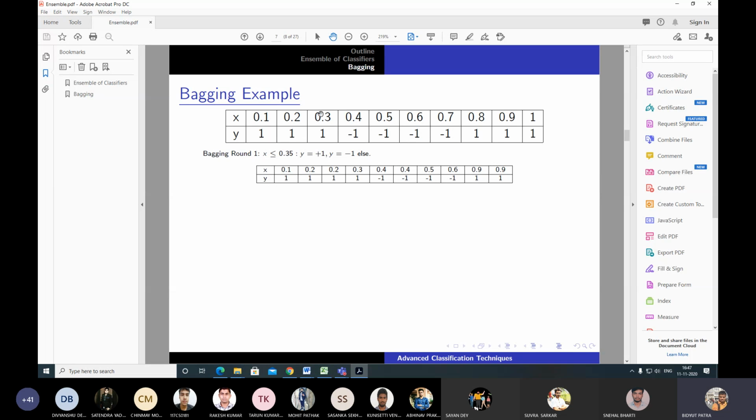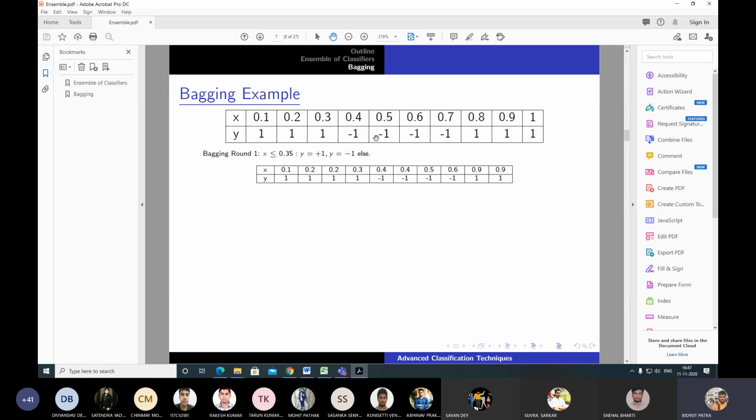Now this data is different. You find a decision stump which can rightly identify the class label of all the objects, but that might be difficult, so you find a decision stump which will minimize the error. If you put a decision stump here, this will be positive and this one also will be positive, so these two will be wrongly identified.